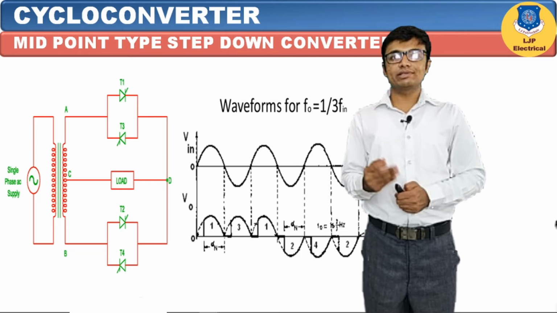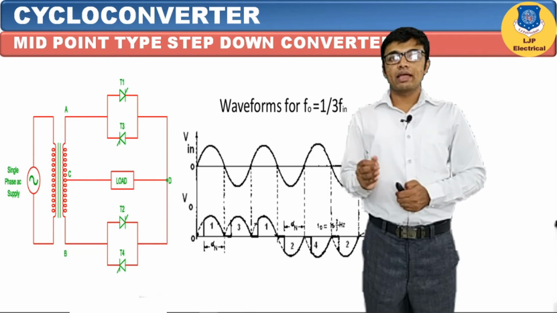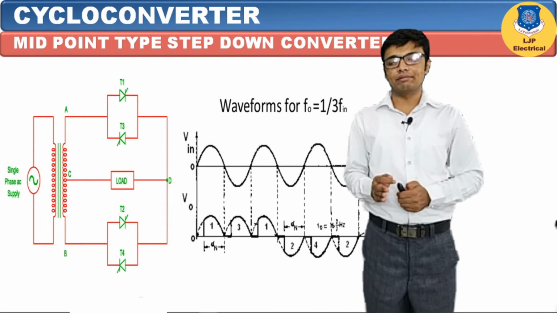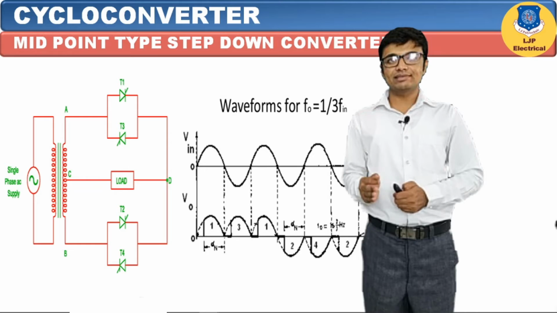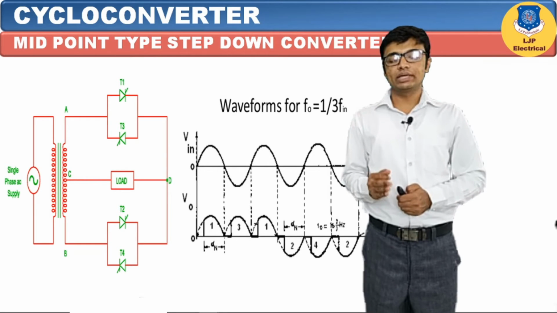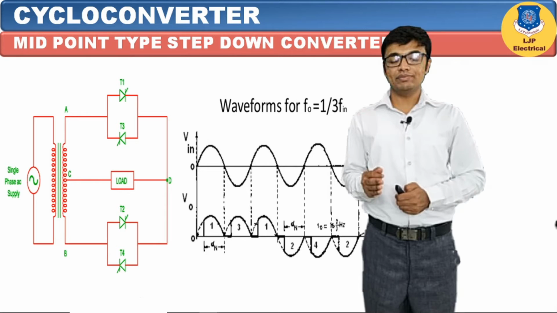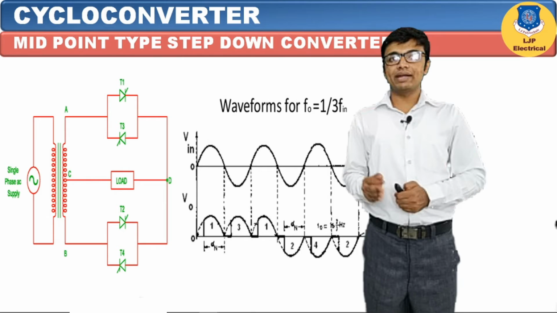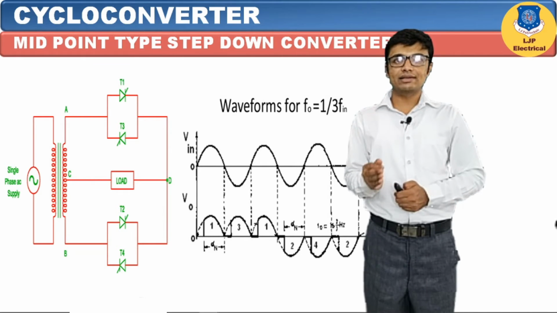Now let's see the second cycle. The second cycle is negative half cycle. Suppose during negative half cycle this bottom terminal B will become positive and center tap terminal will become negative. Now if we trigger thyristor T2, then current will flow from B to T2 to the load and come back to the point C of the center tap transformer, such that we are able to convert negative half cycle into the positive half cycle by triggering thyristor T2.